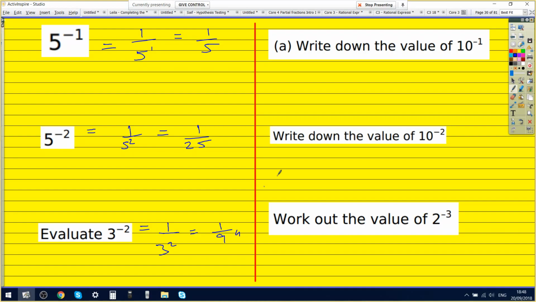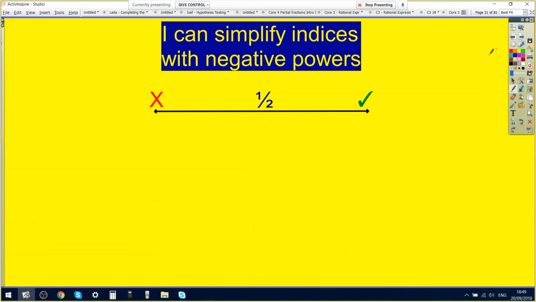Yeah. And let's try bottom right. 1 over 2 to the 3. And that'd be 1 over 8. That's it. I can simplify indices with negative powers. That's it, it's in the middle in between the tick. Okay.